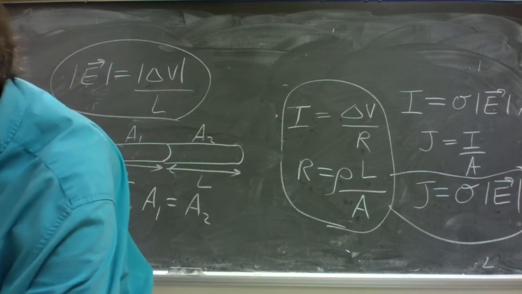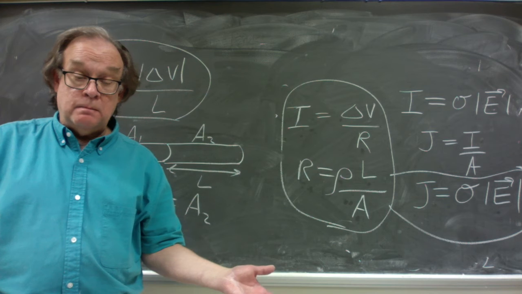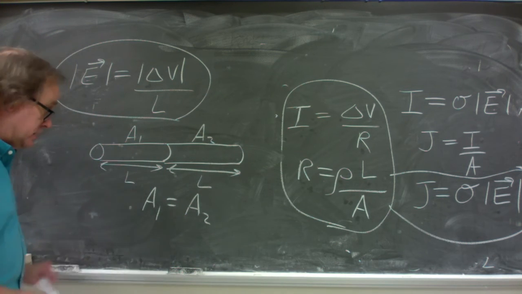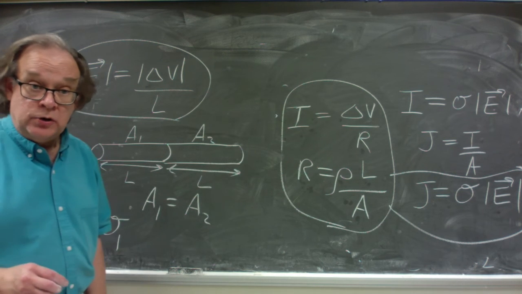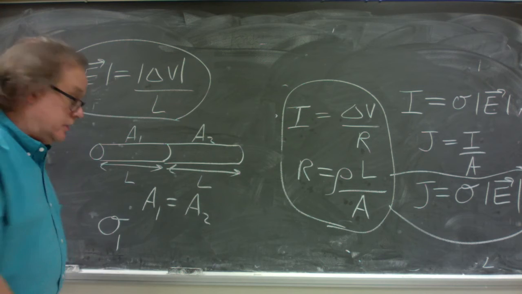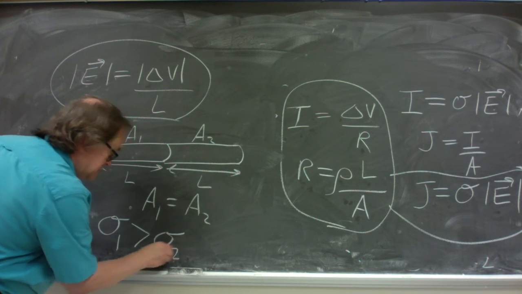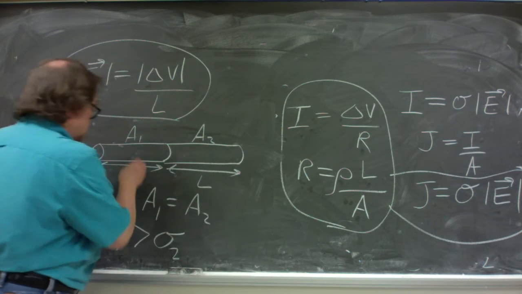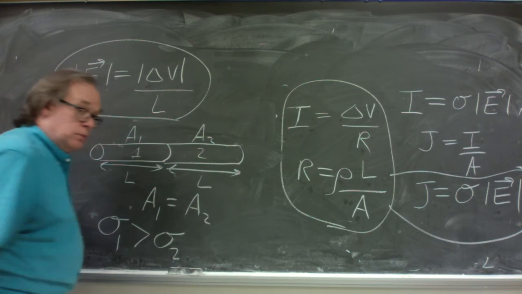One material is a better conductor than the other. And the way we would indicate that quantitatively is that the better conducting material has the higher conductivity. So here's material 1, material 2.